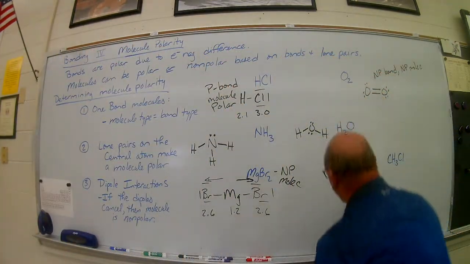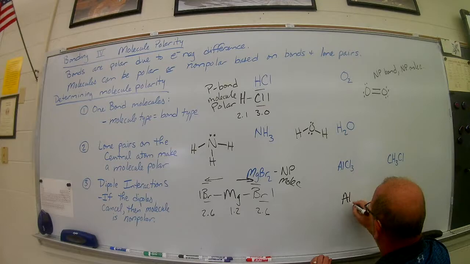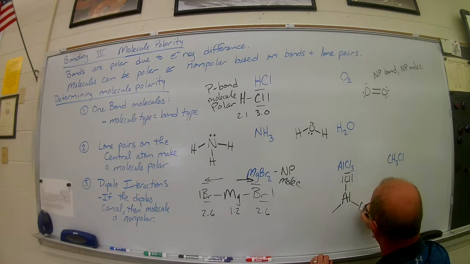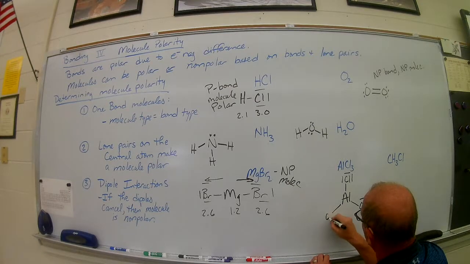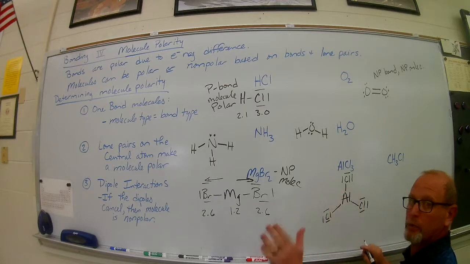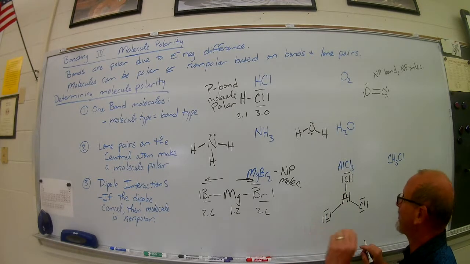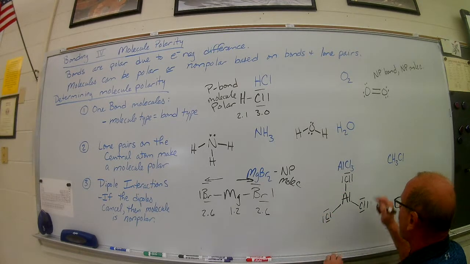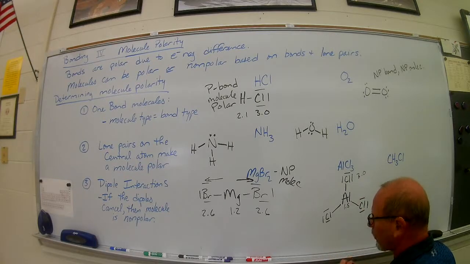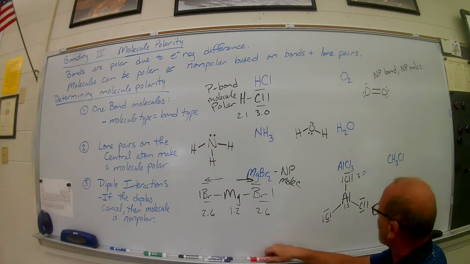AlCl3 does the same thing, where we put Al in the middle and we make a little peace sign out of it, and put our chlorines around it. My electronegativity difference is 1.5. I've got a very polar bond, and this is 3.0 and this is 1.5. So the dipoles are all going out.